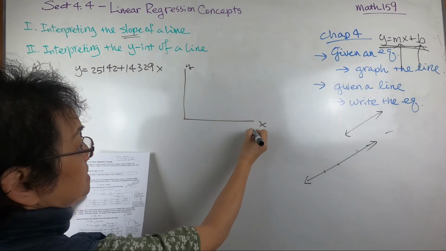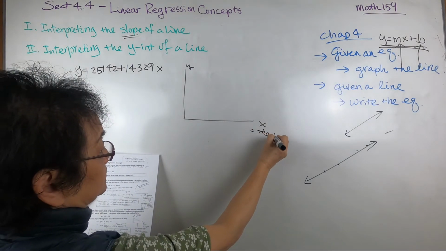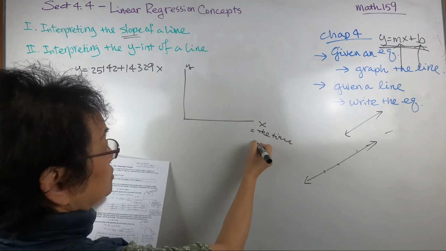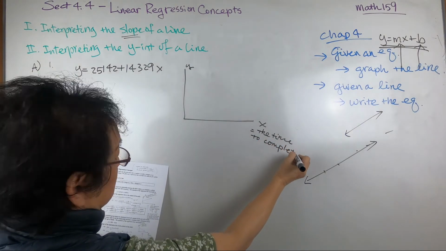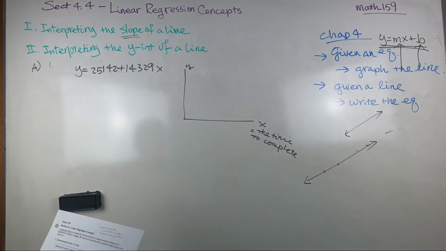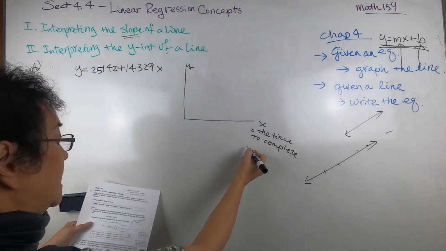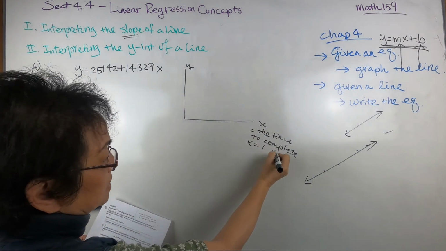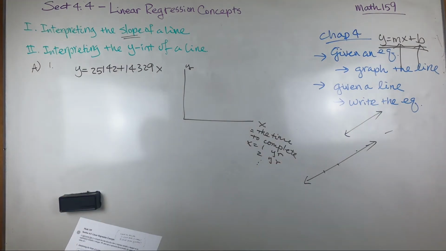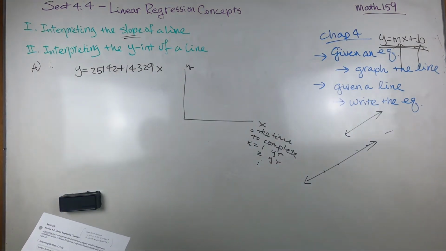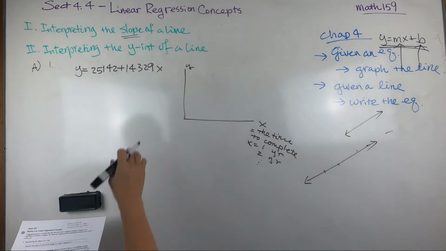X is the time to complete a college degree. That means your x can be 1 year or 2 years and so on. Then what is y?